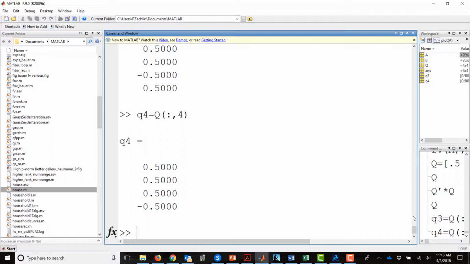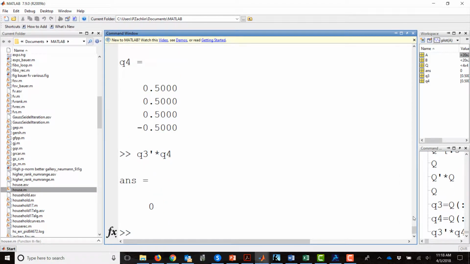But notice also, if you do Q3 transpose times Q4, Q4 is 4 by 1, so Q3 transpose is 1 by 4. You get a number, a 1 by 1 matrix, which is 0. You see that?